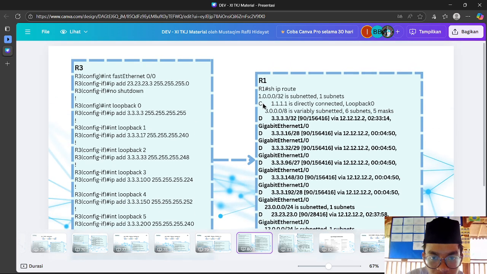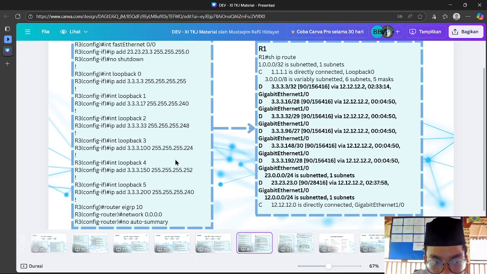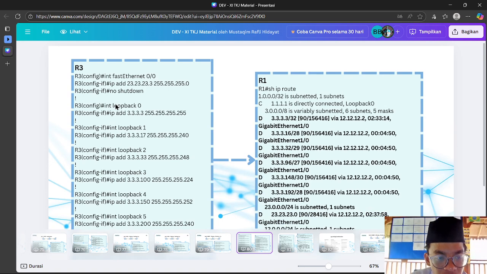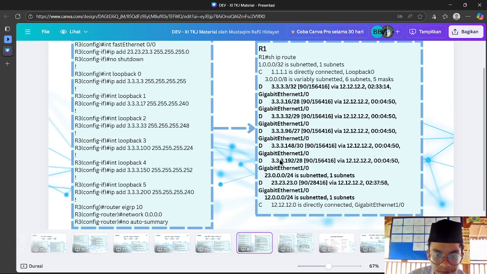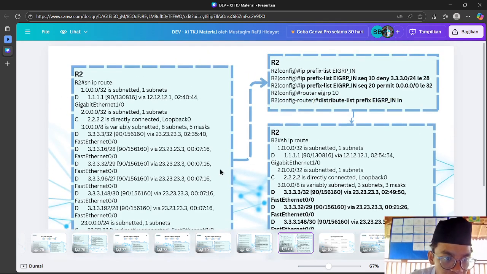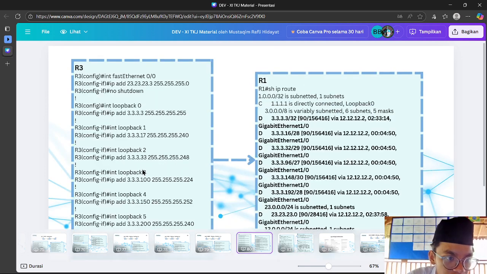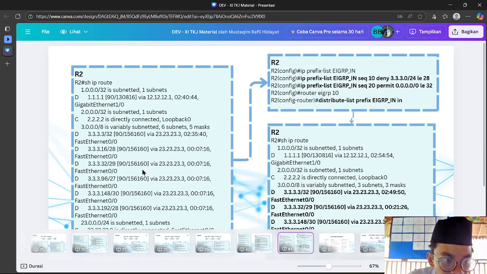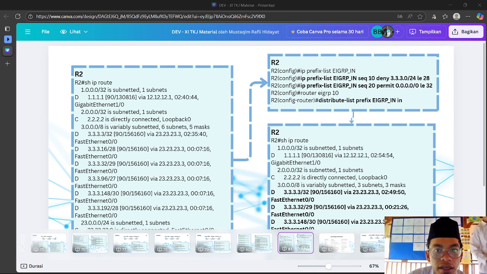Then you show ip route in router 1. Those are the loopbacks we wrote in router 3. Then you see again in show ip route in router 2. Those are the router IDs we wrote in router 3.